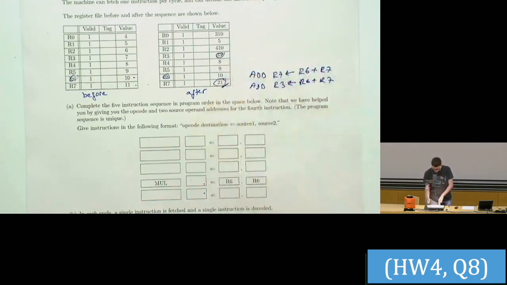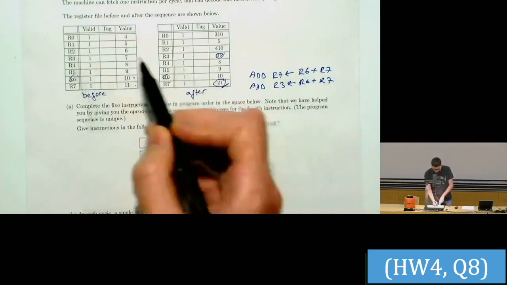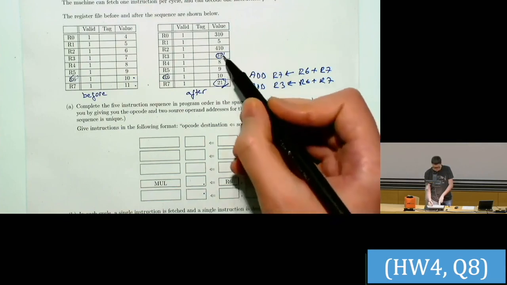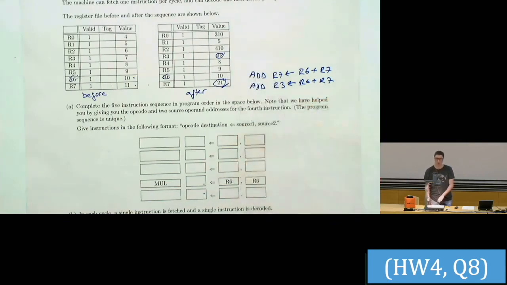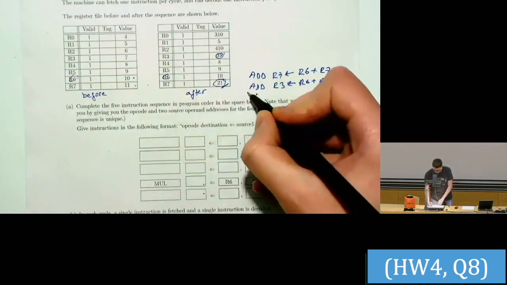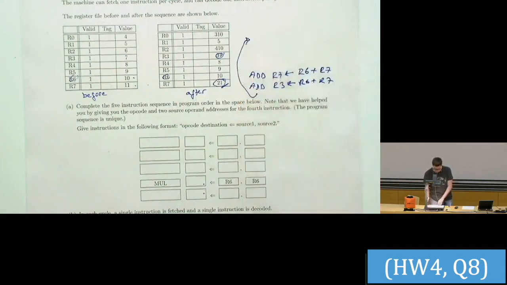So we did that too. Other values that are updated are R0 and R2. So for R0, we already calculated 31 here, and we have 10, and we have the multiplication instruction. So we can multiply those two registers and write the result to R0. It will be a bit ugly, but this is the next instruction here.